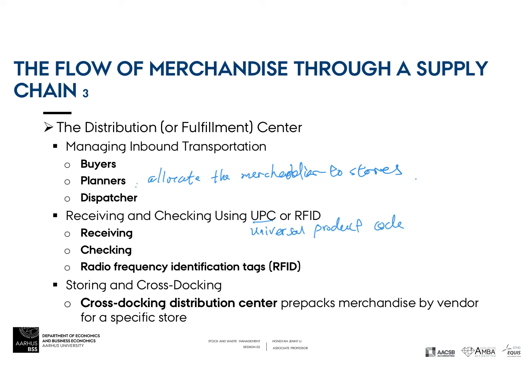The distribution center or fulfillment center also performs storing and cross-docking functions. Cross-docking distribution center pre-packs merchandise by vendor for a specific store. So in the cross-docking distribution center or fulfillment center, they just merge the different orders from different suppliers and deliver or transport to the specific store.